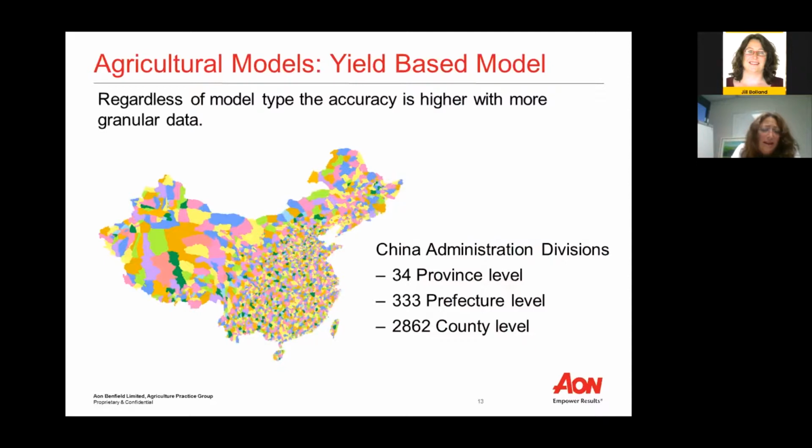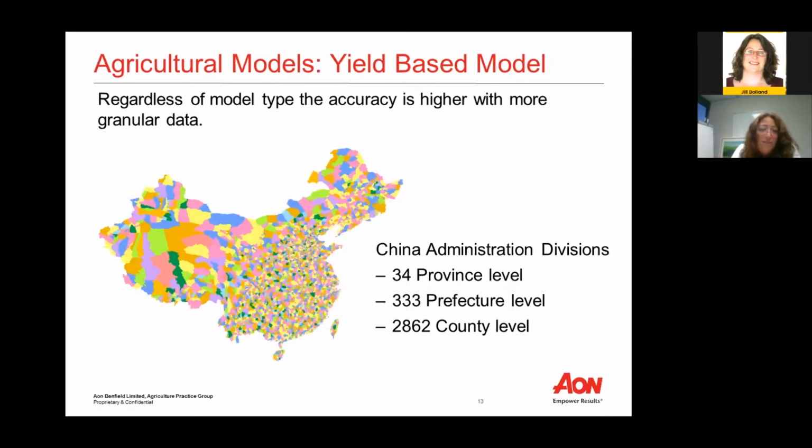If you've only got data on a provincial level, it's not very useful. It might tell you something, but given that you've got almost 3,000 counties, and each county probably has several thousand farms within it, provincial data isn't that great.